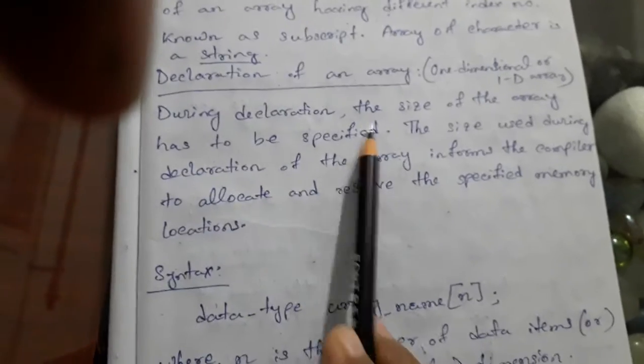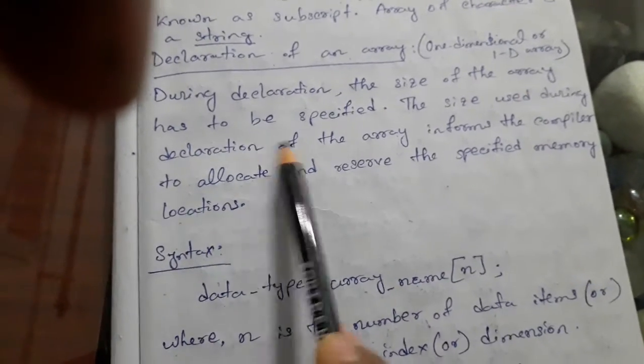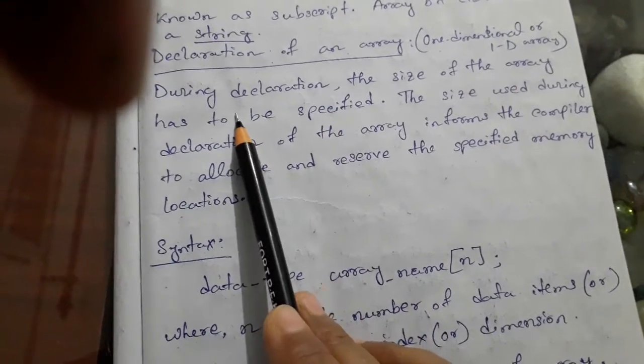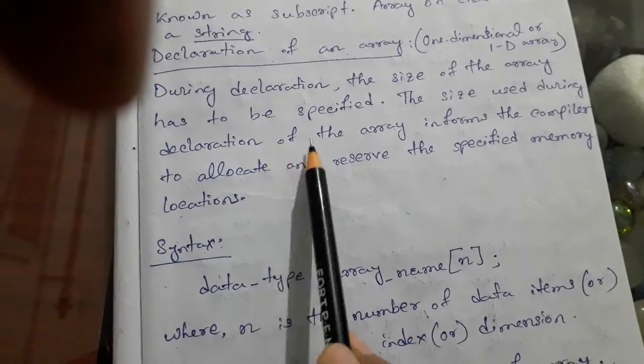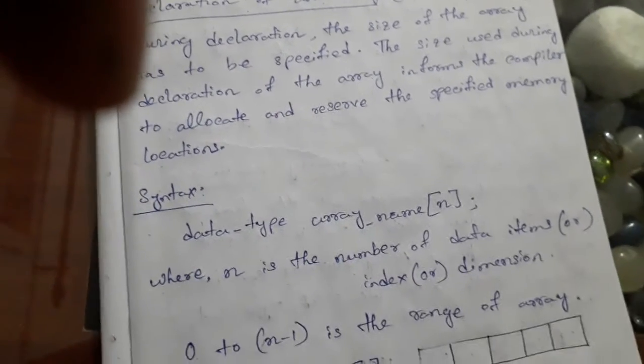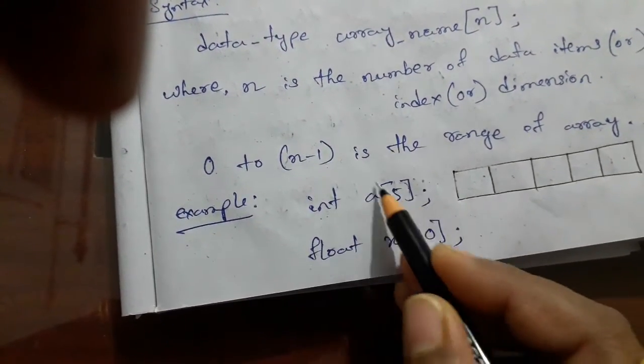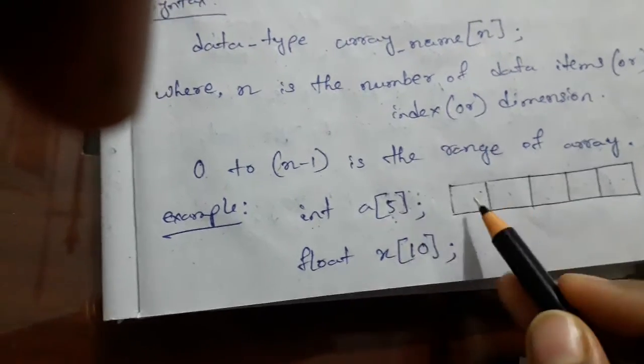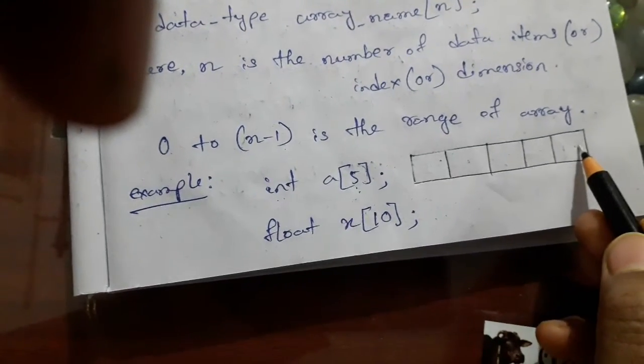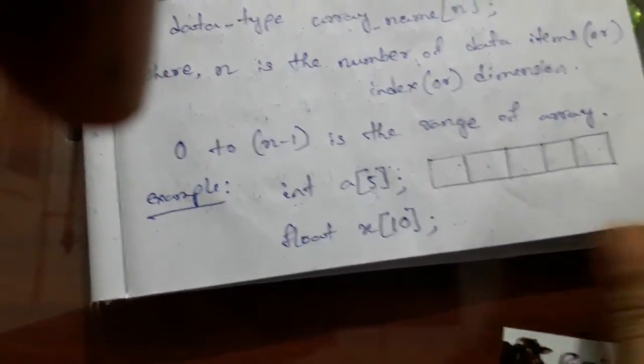In the declaration, the size of the array has to be specified before compiling. So when we declare int a[5], it means the array size is 5. It must be 5 individual, contiguous memory locations.